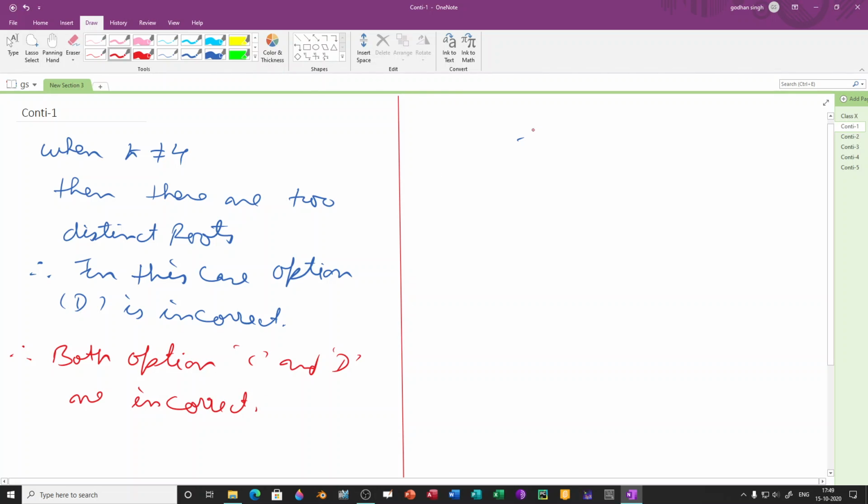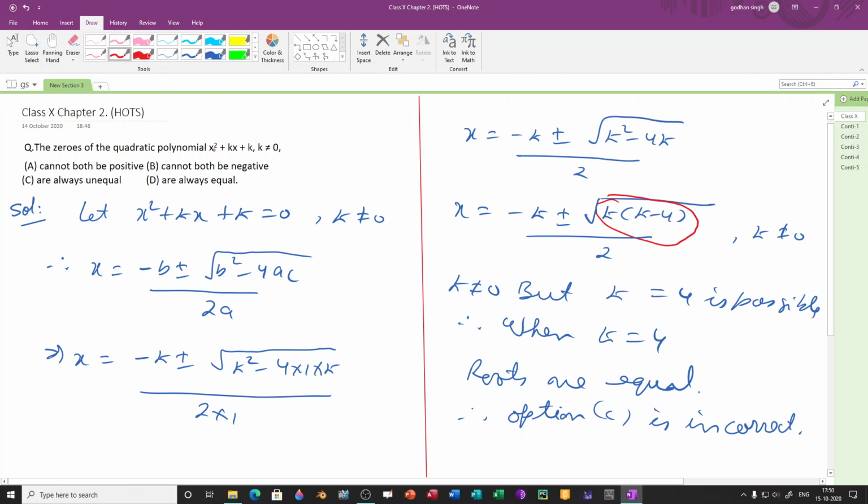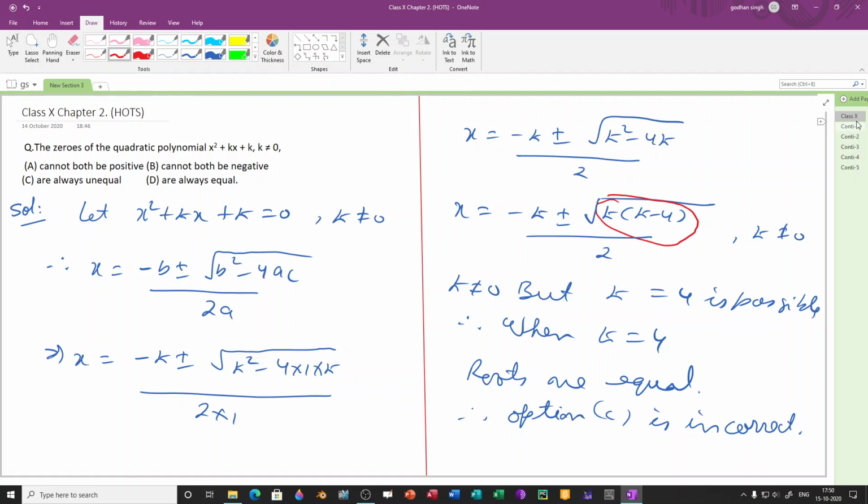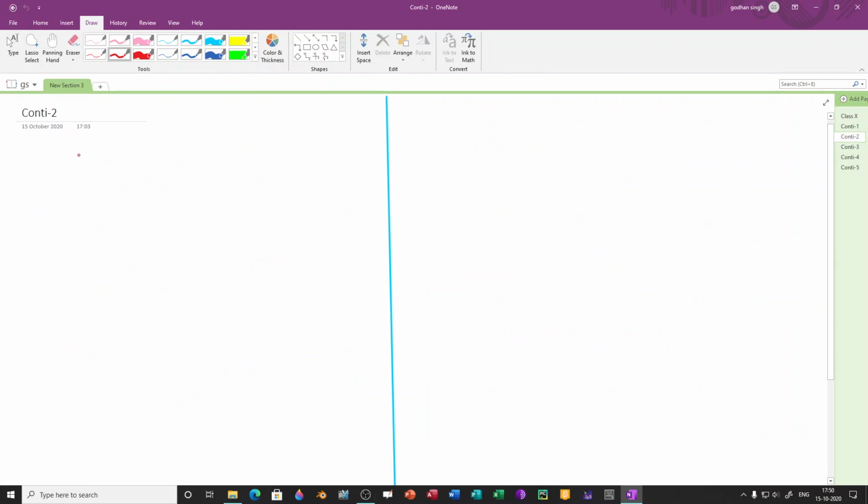Now let us move to options A and B and check whether they are true or not. Option A says that both the roots cannot be positive, and option B says that both the roots cannot be negative. So let us check whether this is possible or not. Let us find the sum of the roots.